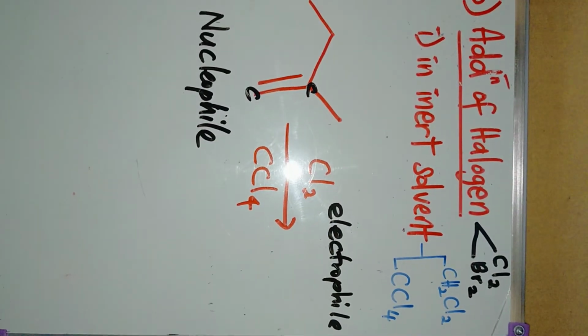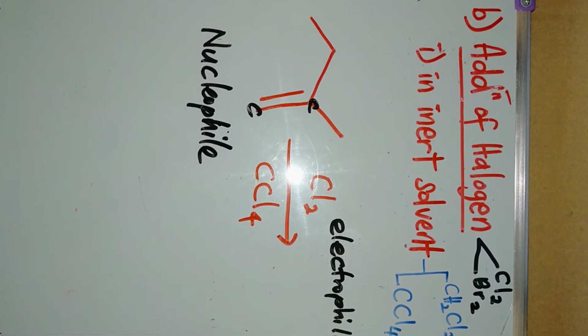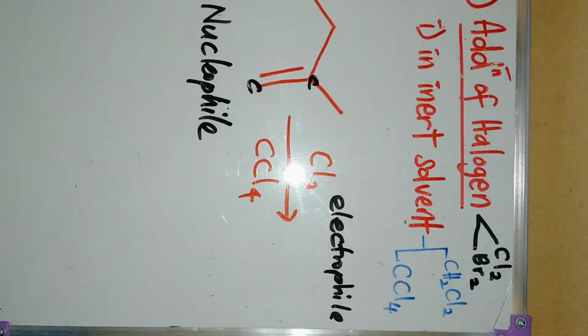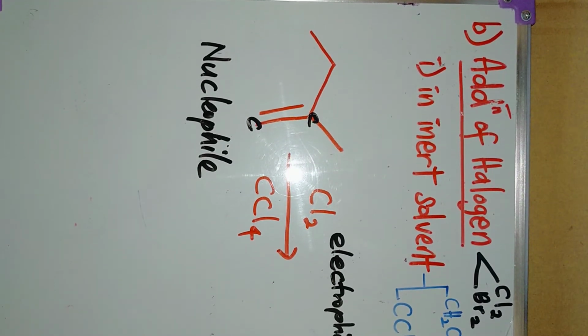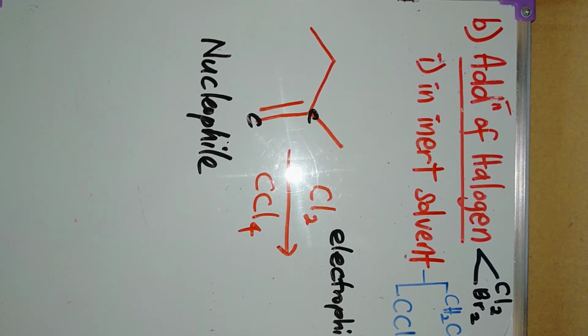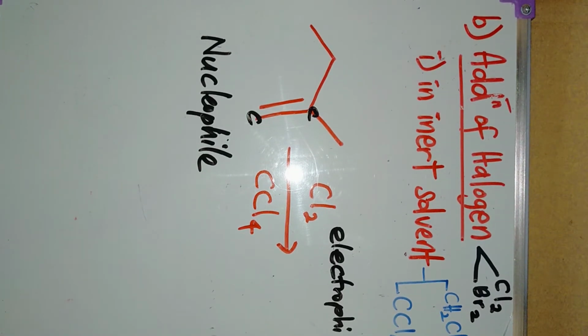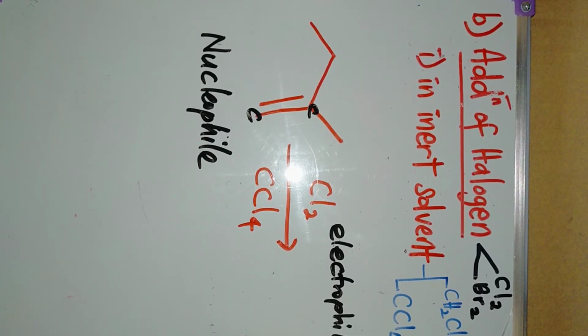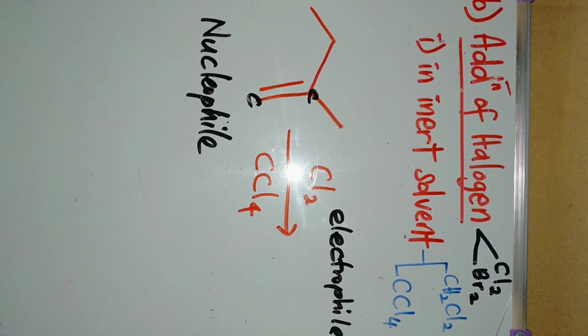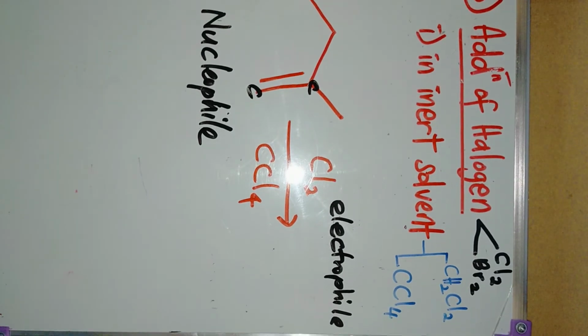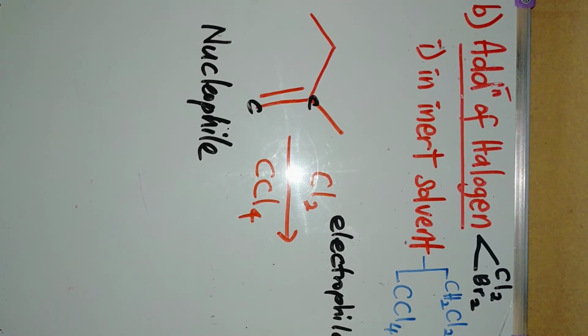As I mentioned in chapter 1, the electrophile is already stable. For example, chlorine gas is very stable and has no electrons left to give away. Meanwhile the nucleophile is the carbon-carbon double bond, the pi bond, which is an electron-rich region. That's why we call it a nucleophile.